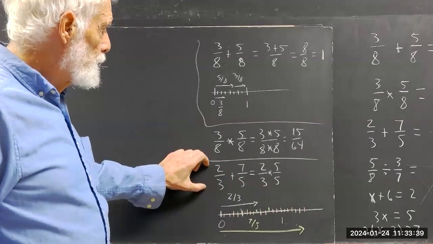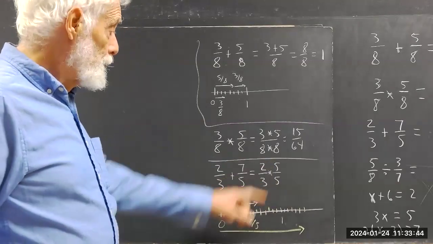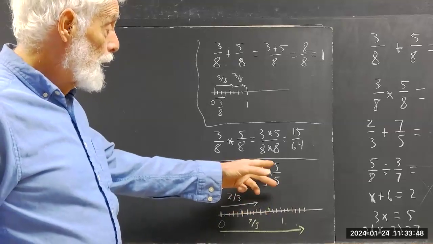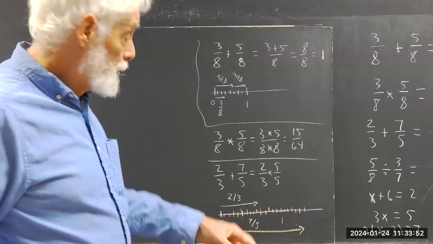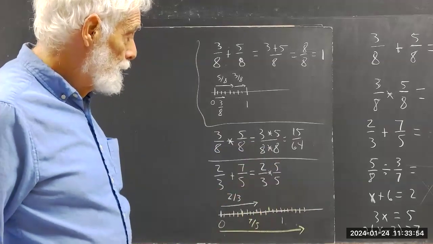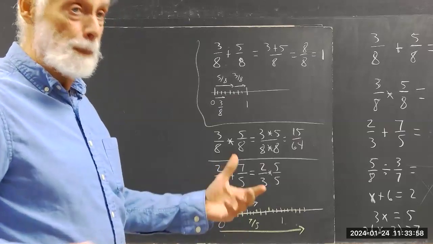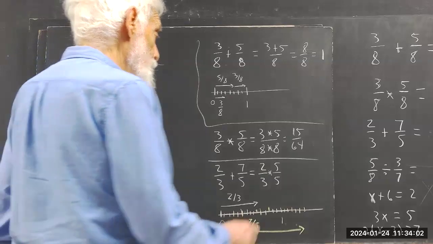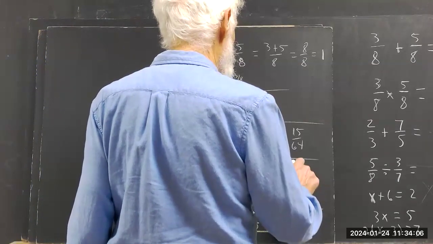Well, 2/3 is the same as 2/3 times 5/5, because 5/5 is just 1. And when we multiply 2/3 by 1, we still have 2/3. Except if we multiply by 5/5, it's going to look like 10/15. Well, 10/15 is the same as 2/3. It reduces to the same fraction. It just has different numbers in the numerator and denominator.